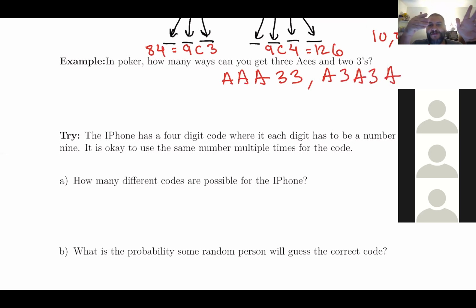Is the first one completely different from the second one? No, because it really doesn't matter if you get ace, ace, ace, 3, 3, or ace, 3, ace, 3, ace. It's still 3 aces and it's still 2 threes. So for this one, it's combination.